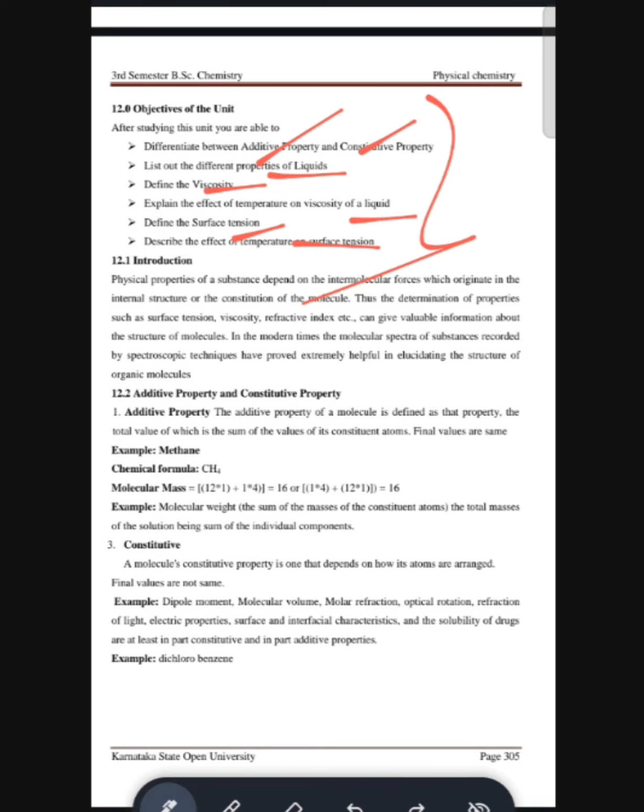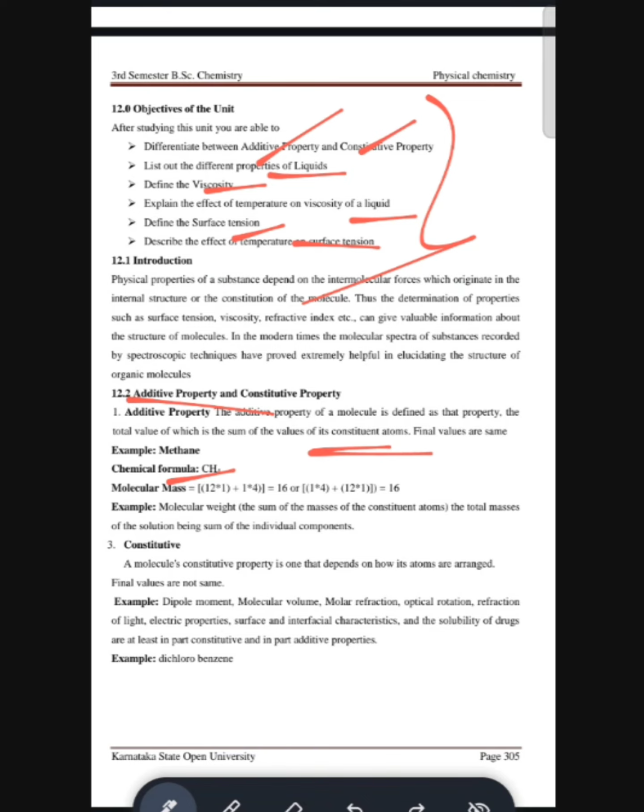So here, additive property and constitutive property. Additive property is nothing but the total value which is the sum of the values of its constituent atoms. The total value should be equal to the constituent atoms present. For example, here we have taken methane, that is CH4. Number of carbon atoms, how many are there? 1, and hydrogen 4.